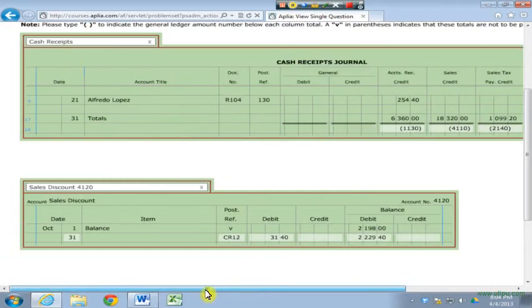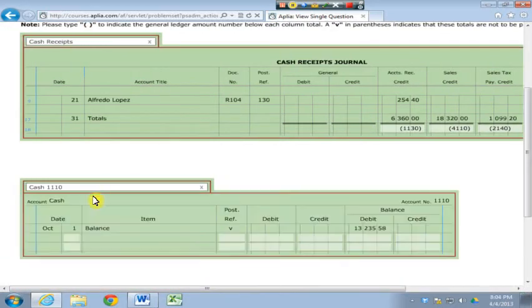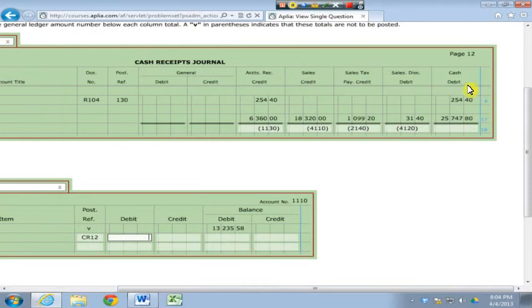Cash ledger. We'll begin with the date, 31st. Post reference will be CR12. This is in the debit column, so we're going to record the $25,747.80 as a debit. We already had a debit balance. We hope we always have a debit balance on cash. Otherwise, we are out of cash and we are in the hole.